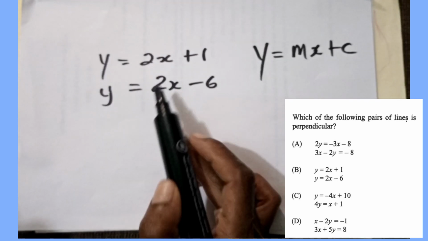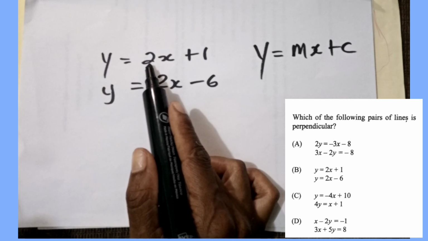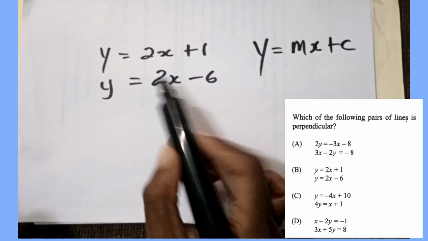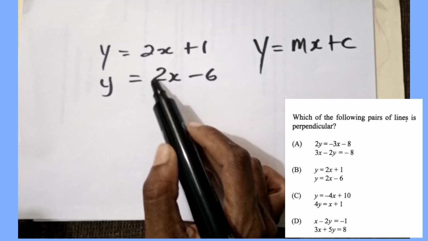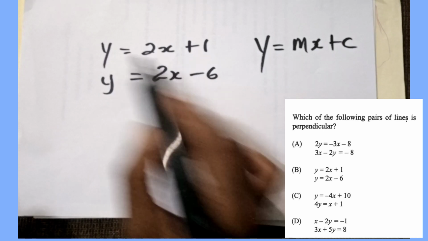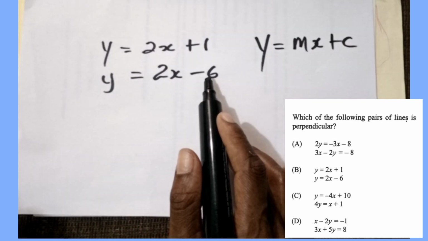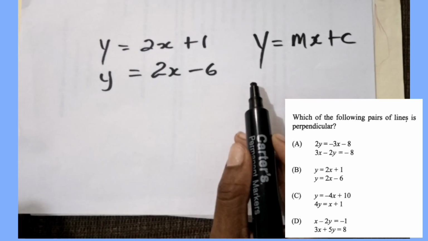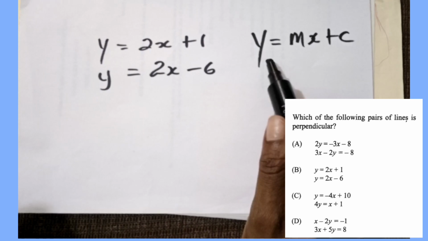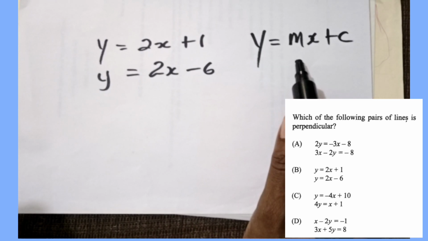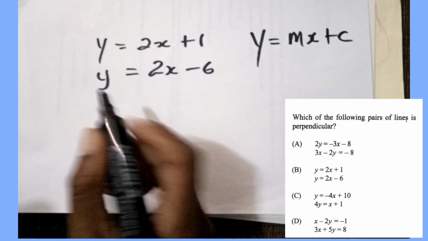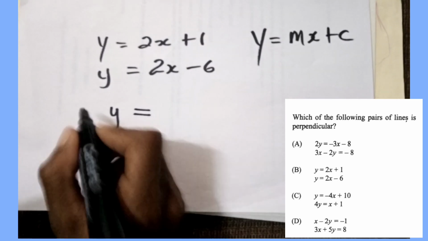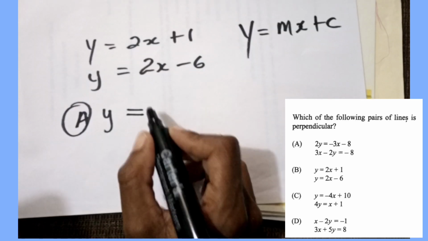So the product of those two gradients would be what? 2 times 2, which gives us 4. So the product of those two lines' gradients is 4. That would mean that those two lines are not perpendicular. So we could go ahead now and check another set of equations.